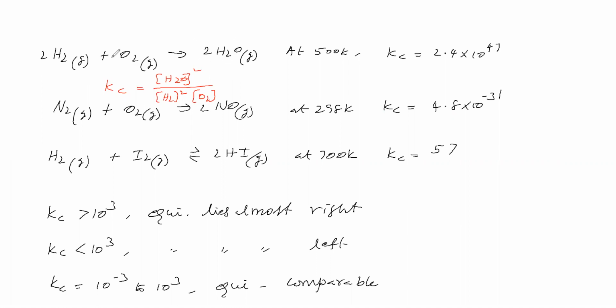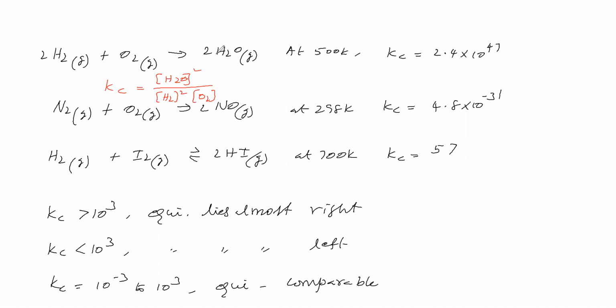So left side concentration is negligible to right side concentration at equilibrium. We are discussing at equilibrium because equilibrium constant means at equilibrium. Which concentration is predominant?